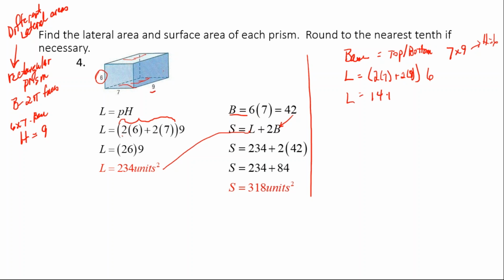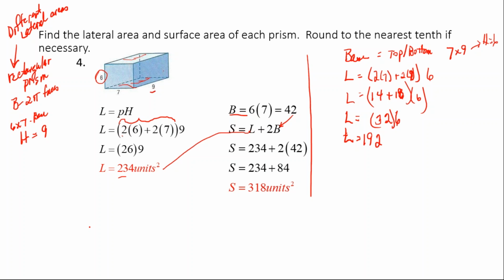So that gives me 14 plus 16 times 6, if I'm adding right. 14 plus 18, sorry. Can't read my handwriting today. 32 times 6. So my lateral is 192.